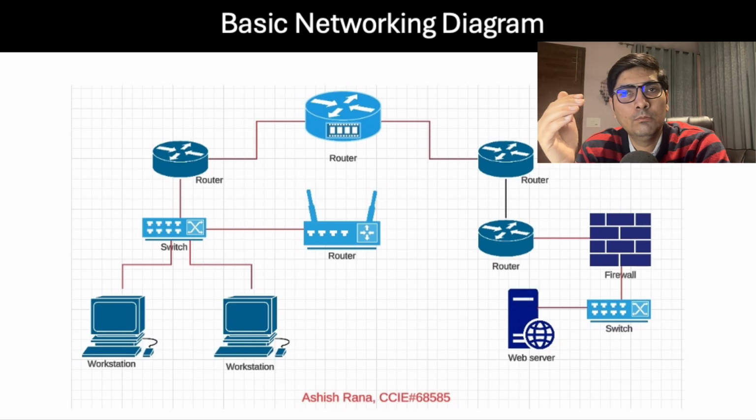IP means internet protocol. It has two categories, IPv4 and IPv6. We'll talk about these at later stage. So first condition is that every device should have an IP address configured and it should be connected either using wireless or wired.